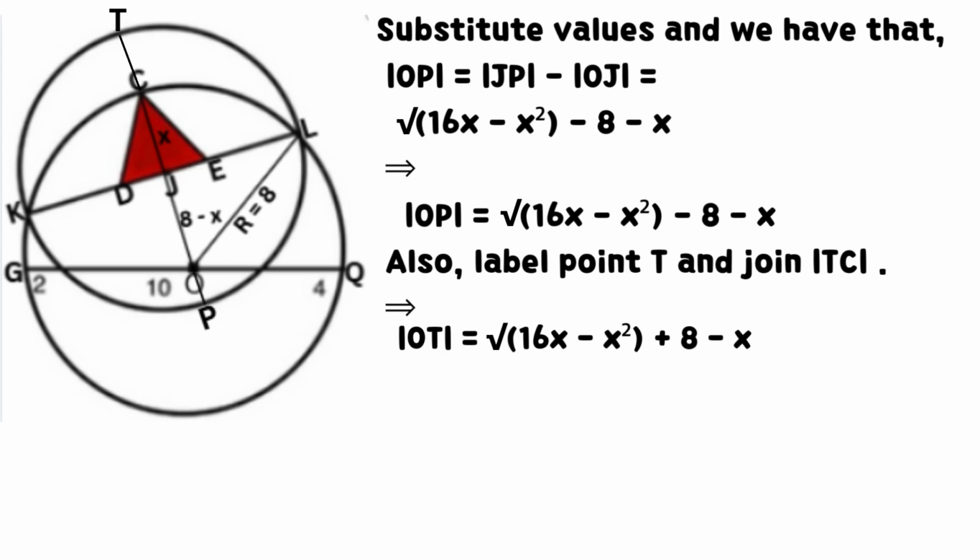Line OT equals the square root of 16X minus the square of X plus 8 minus X.